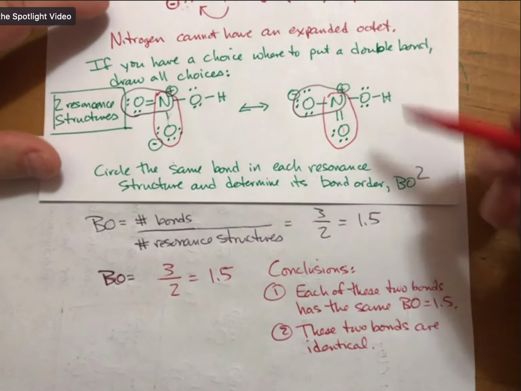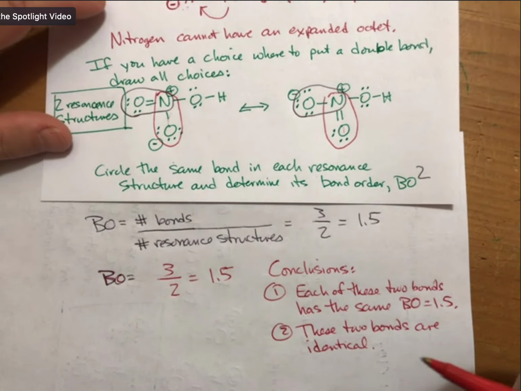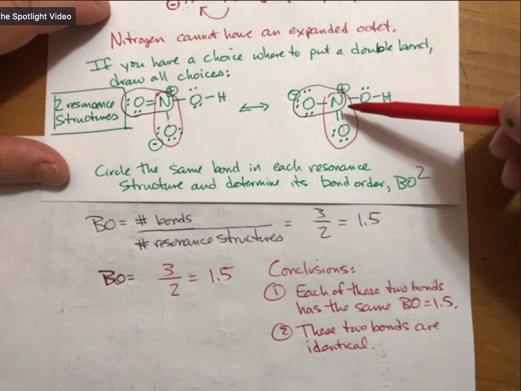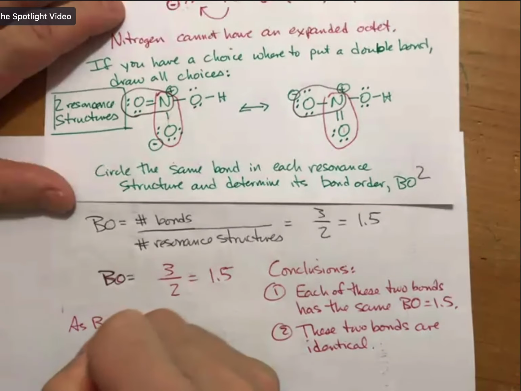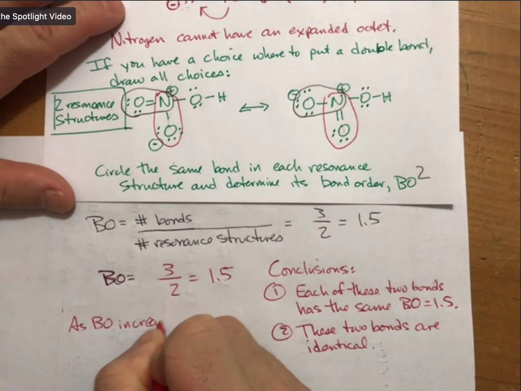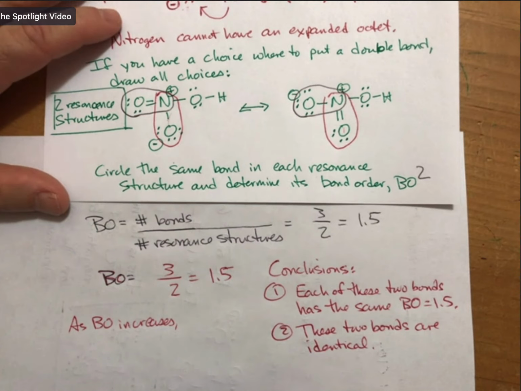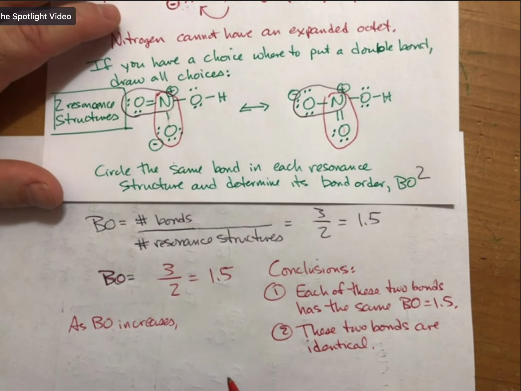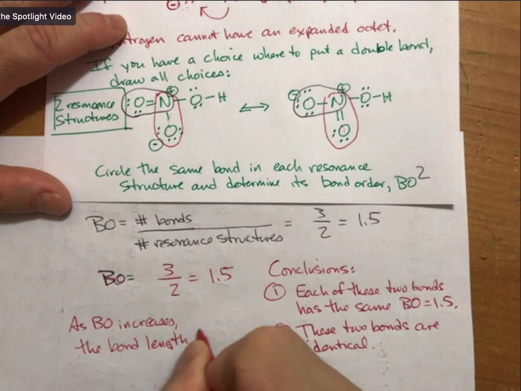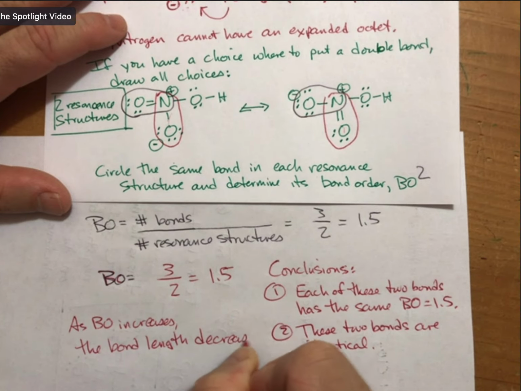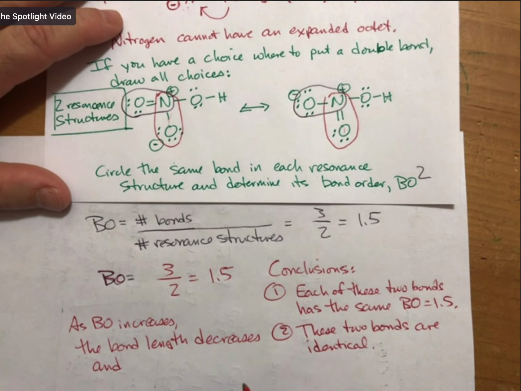And then I guess the last thing I'll add in here is as bond order increases, the bond length decreases, and bond strength increases.